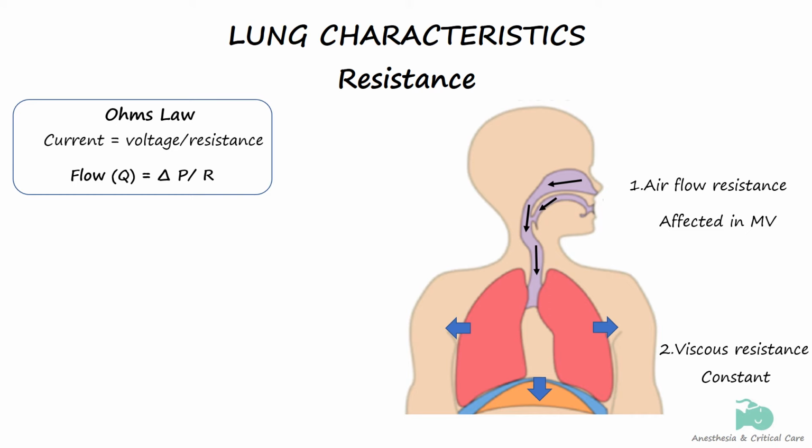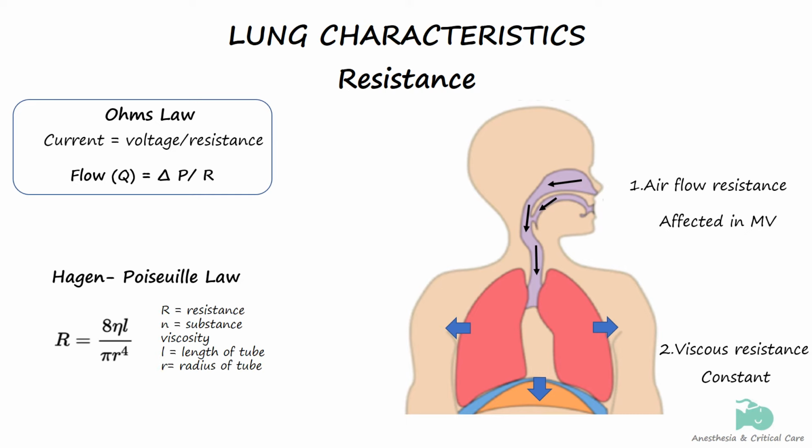The resistance to airflow through the conductive airways also depends on the gas viscosity, the gas density, the length and diameter of the tube or airway, and the flow rate of the gas through the tube, as defined by Hagen-Poiseuille law. This law was discussed in depth in flowmeter physics in anesthesia machines.